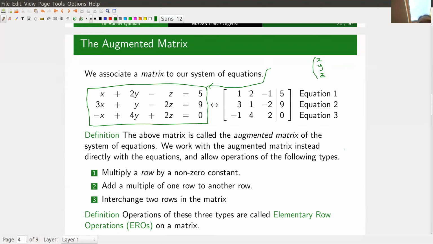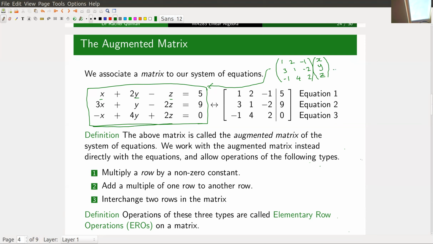instead of 3 separate equations, a matrix equation. If you take the column vector x, y, z, so x, y, and z obviously appear in all 3 equations, those are our 3 variables, and you multiply it on the left by the matrix whose entries are 1, 2, minus 1, 3, 1, minus 2, minus 1, 4, 2, which are just the coefficients of x, y, and z in the 3 equations read off from the system, then you would get a 3 by 1 vector whose entries are just the left-hand sides of the three equations in this system.